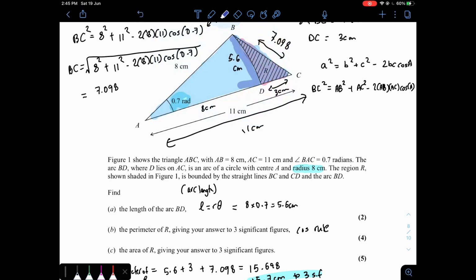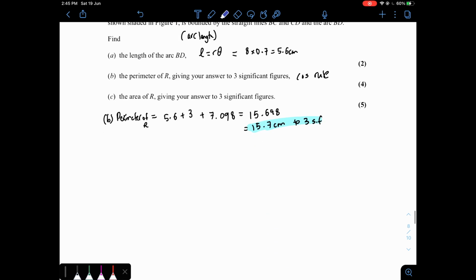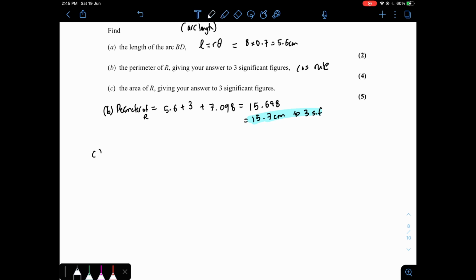So we have to find the area of the triangle and the area of the sector, right? That's the only way we can get R. So C will be area of triangle, take away area of sector, equals area of R. That's pretty simple.